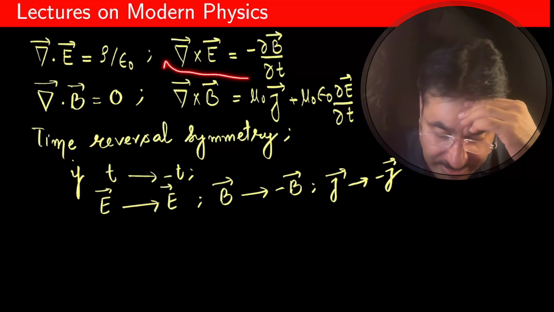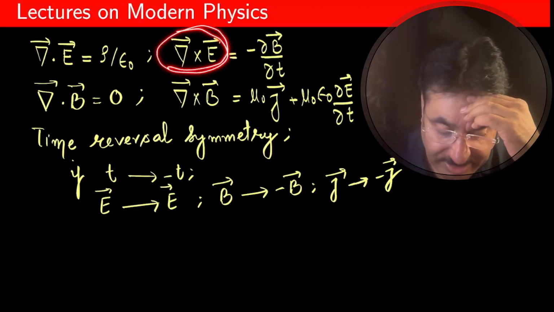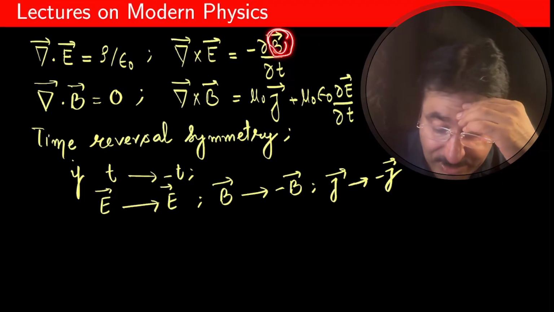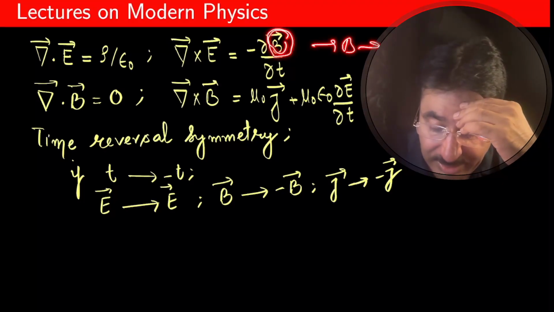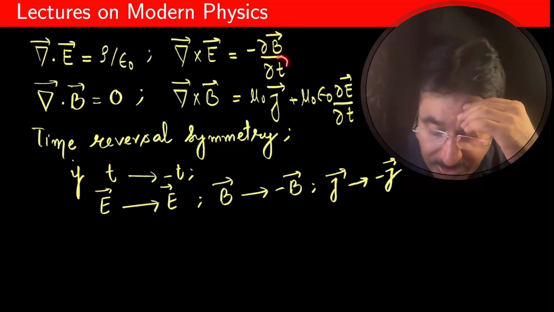Now what about the second equation? Let us see. Does E change sign? No. Does del change sign? No. So this left hand side does not change sign. Fine. B will change sign, because B will go to minus B. Fine. But t also changes sign.